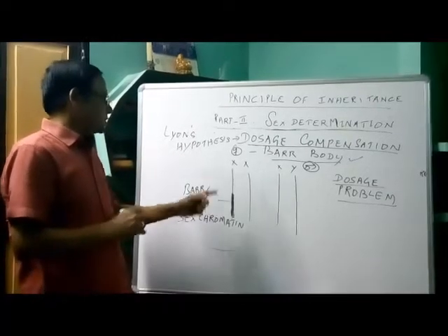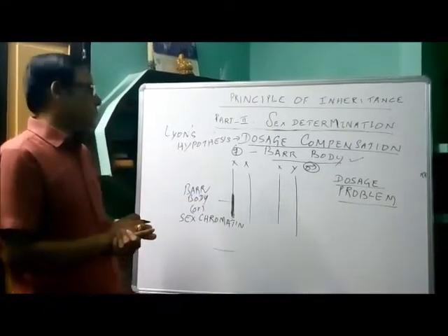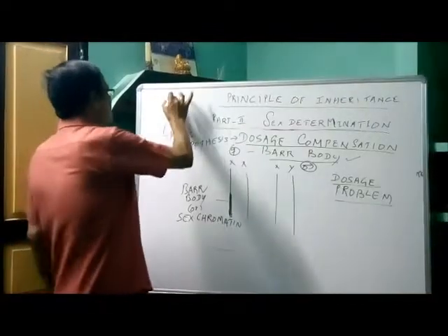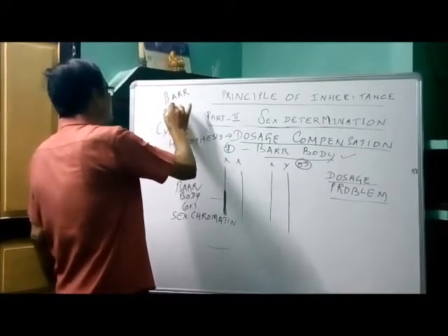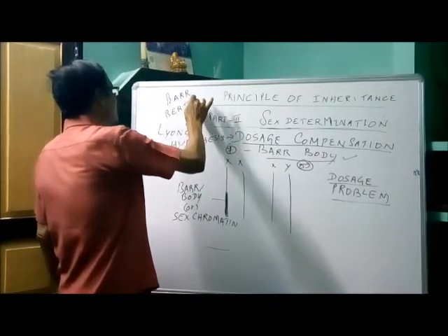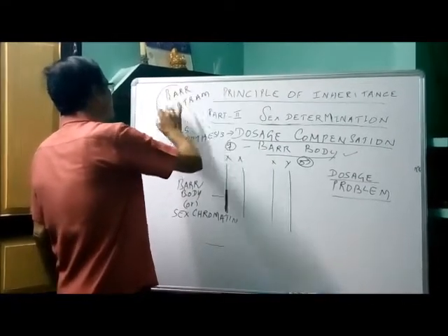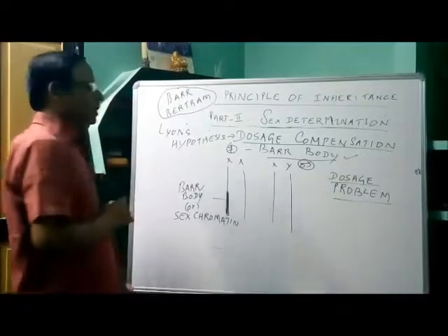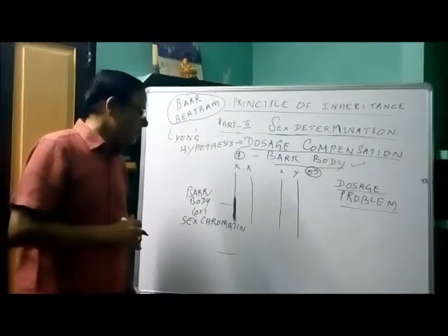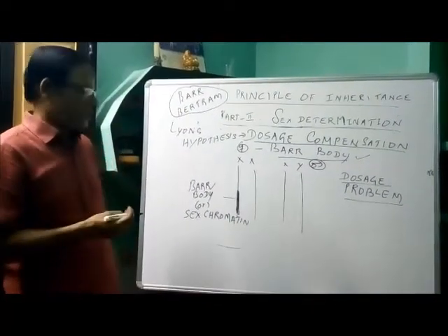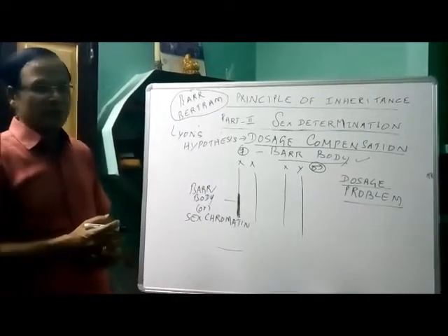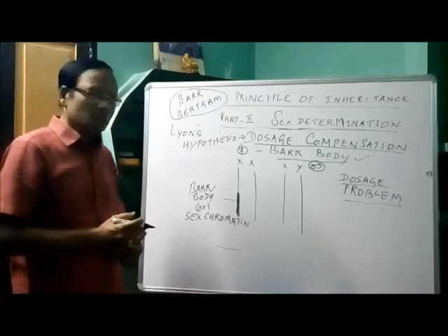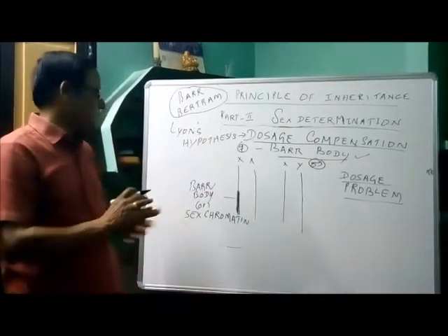The Barr body was first reported by Barr, hence the name, and another person, Bertram. These two persons observed the Barr body in the nerve cells of the female cat, because only there can you see it behind the female's two X chromosomes.